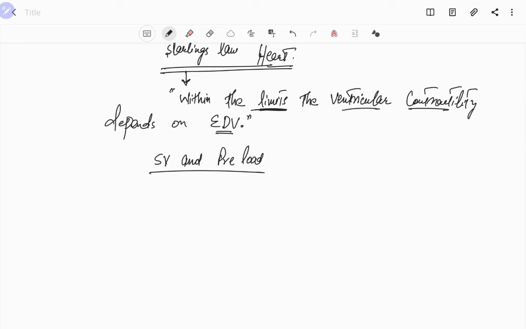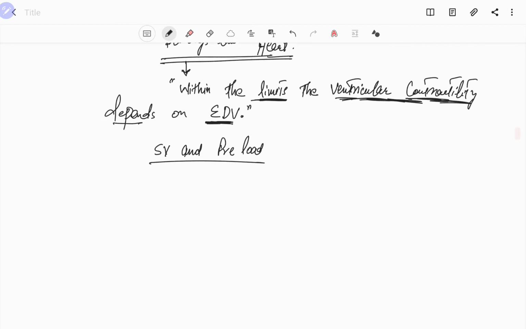The more end diastolic volume is pulled into the ventricles, the more will be the ventricular contractility. That is, the more the stretch on the ventricular myocardium, the more forceful the ventricular contraction.